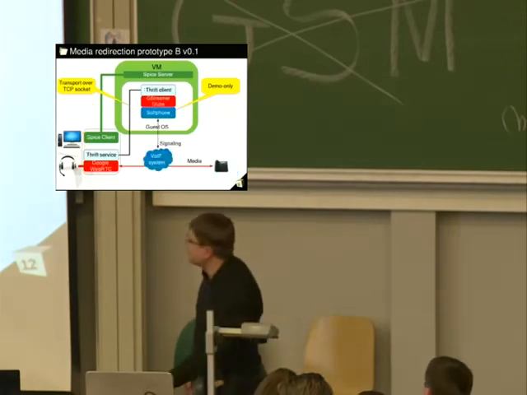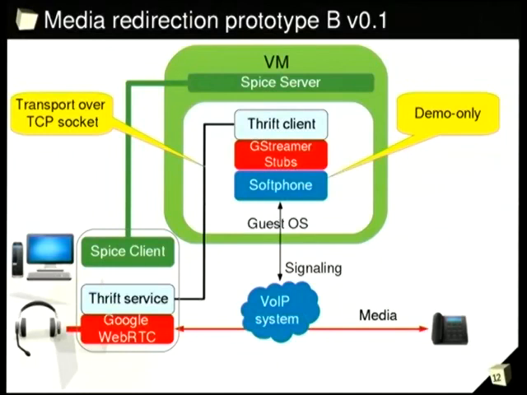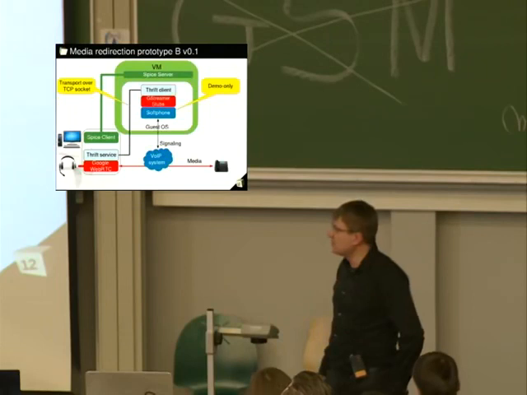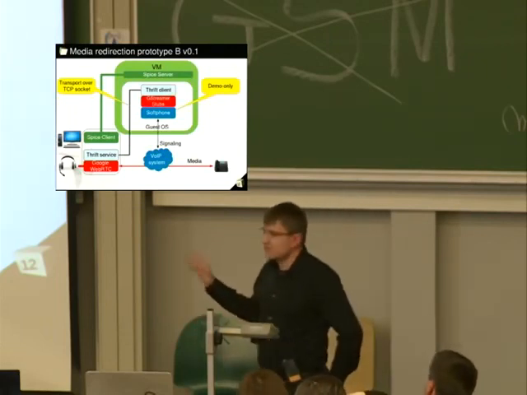Another prototype, B, is a soft phone. It is not a full-featured soft phone. It is a demo-only soft phone, which doesn't actually do any signaling. It is a very simple RTP streaming soft phone. And it is not using GStreamer at all.